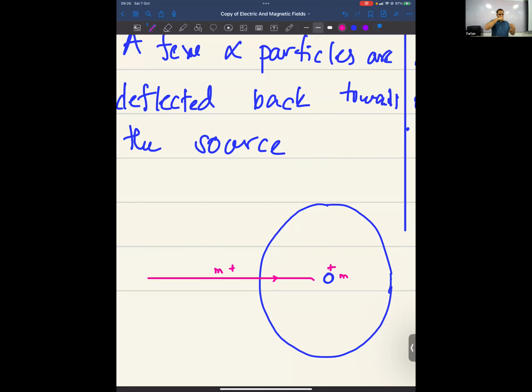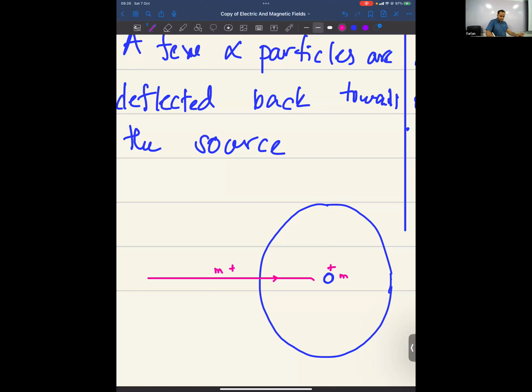So between the nucleus and the alpha particles, there will be two types of forces acting. One is the repulsive force due to the charge, the electrostatic repulsive force. Both are positively charged. And there will also be a gravitational force acting, but that will be a very small force, extremely small compared to the electrostatic force. So this electrostatic force becomes bigger and bigger when they get closer.